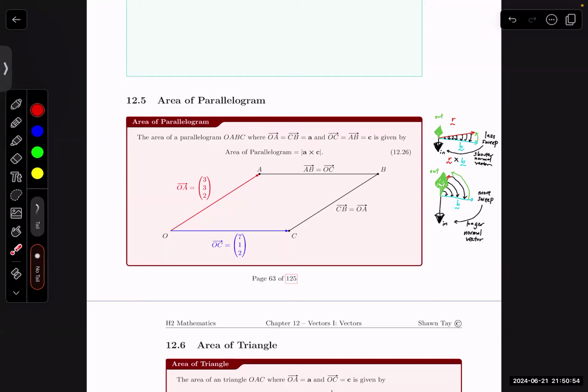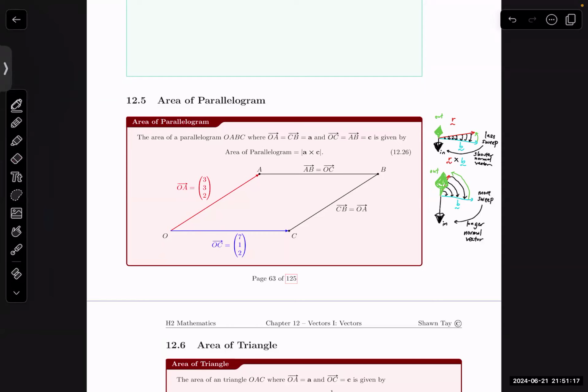So think of it like this. When you sweep, for example, OA to OC, when you sweep across, what grows out is this.